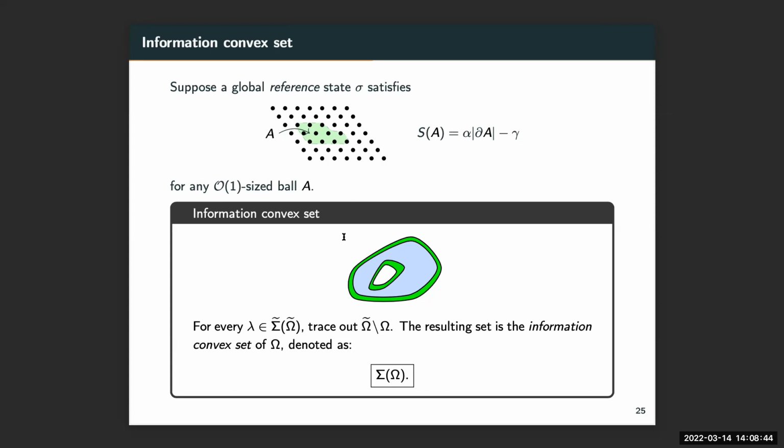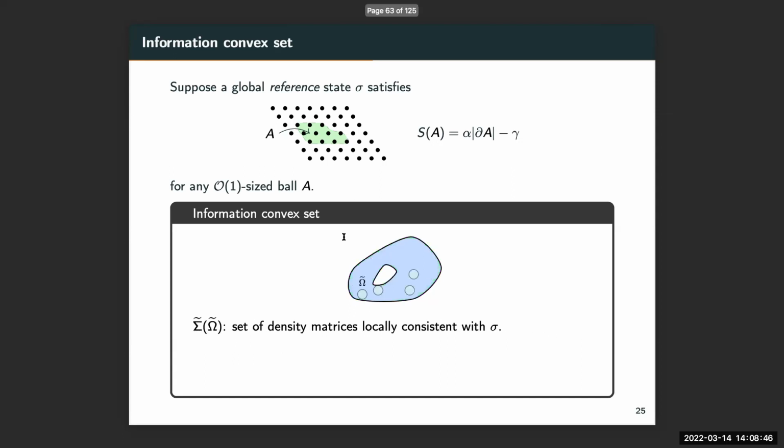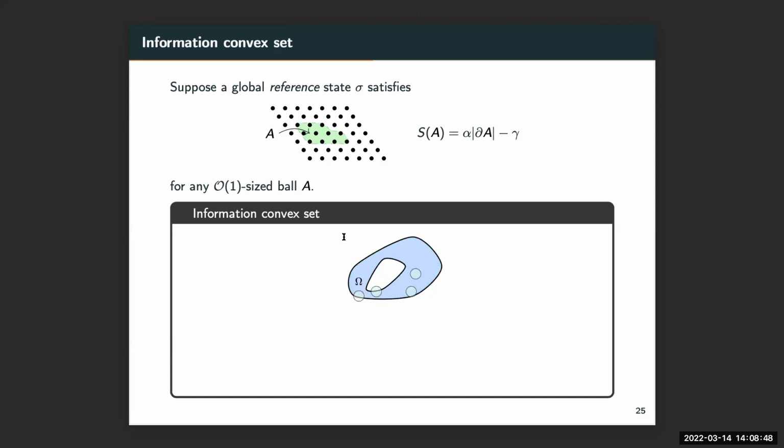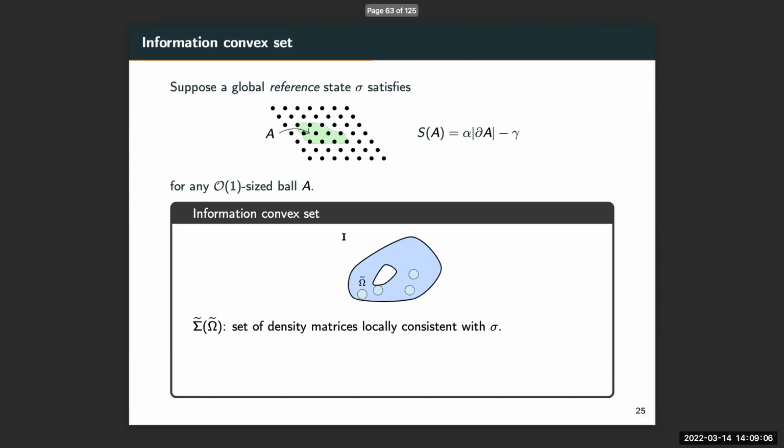So what part are you tracing out? So you start with this slightly thinner omega, that's the region that I consider. I will only consider balls of constant size, let's say distance 10. What I do is I consider every ball that touches this omega, then I increase the size of omega such that it includes all such balls.